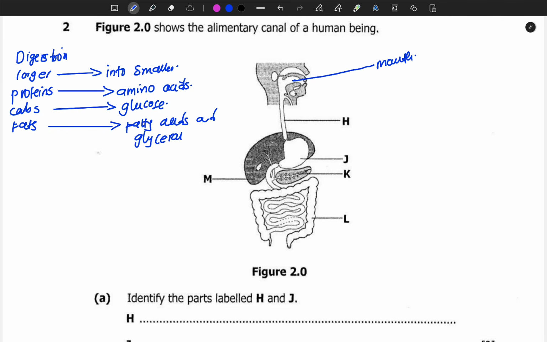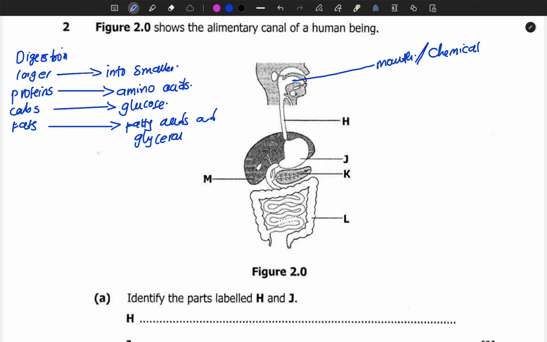Then in the same mouth, we also have the second digestion, which is the chemical digestion. The chemical digestion has to do with chemistry. It is the chemistry part of biology because enzymes are involved.